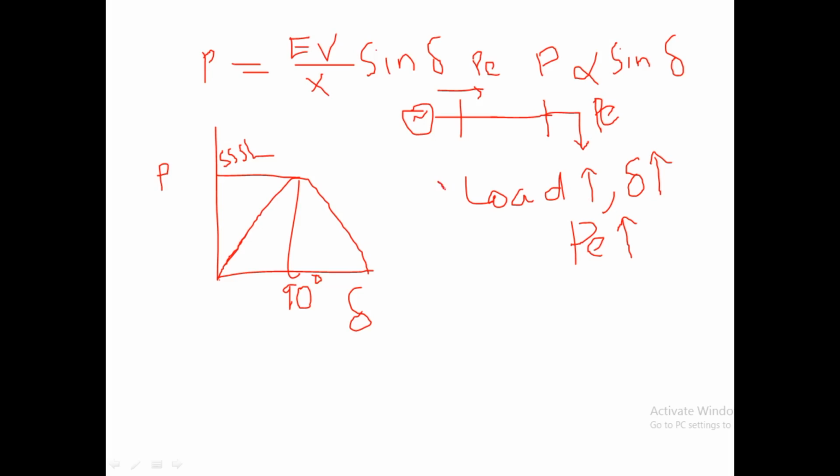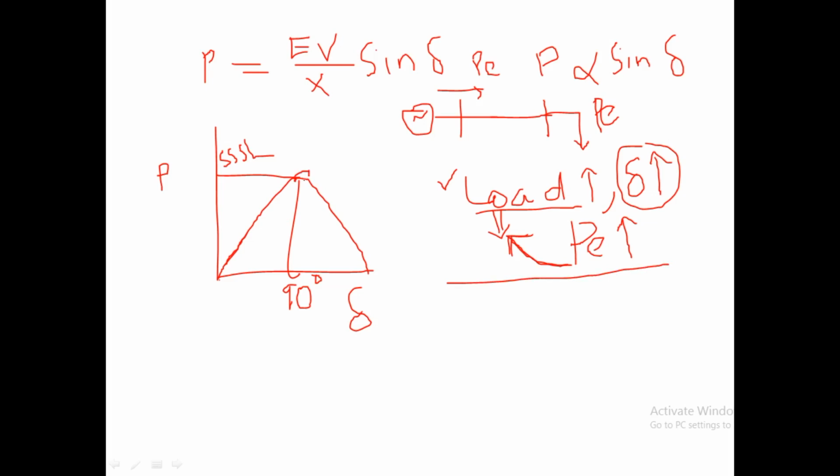Load increases means it requires more power, and that power is now delivered by the generator. So by increasing δ, this relation is satisfied because PE increases and it delivers the required power to the load.